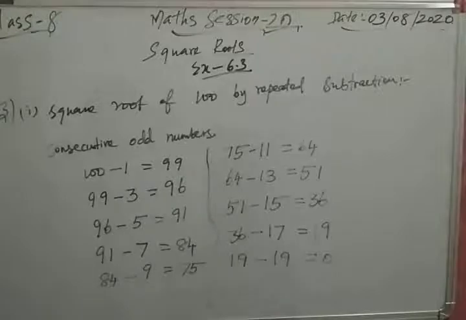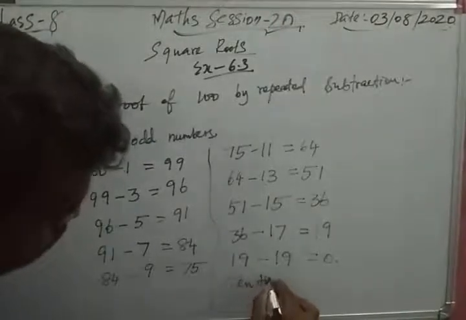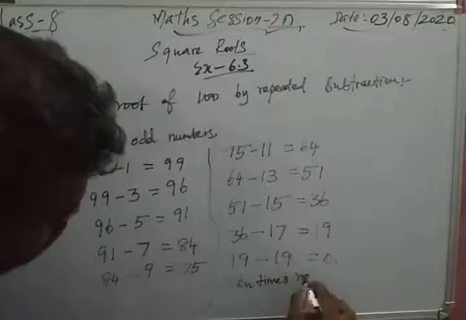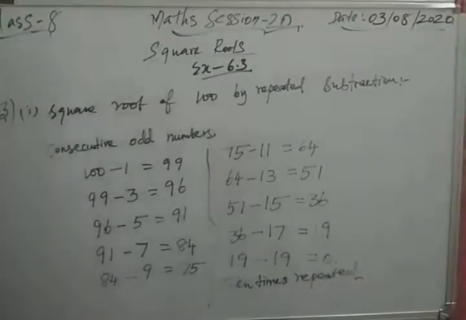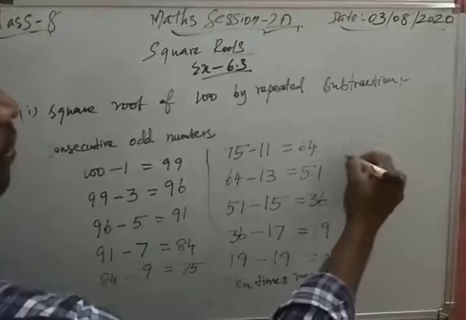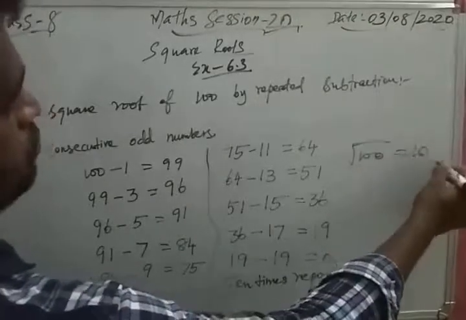It is repeated 10 times. Thus, finally, the square root of 100 is equal to 10.